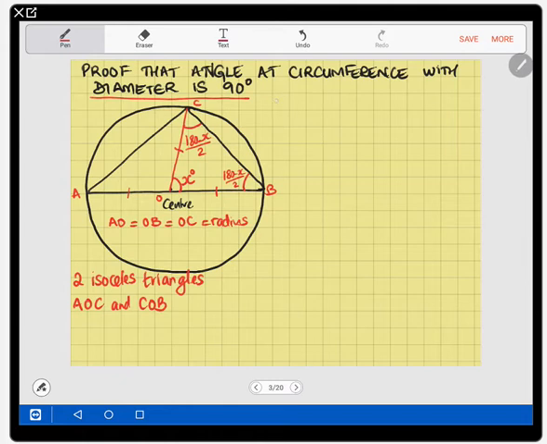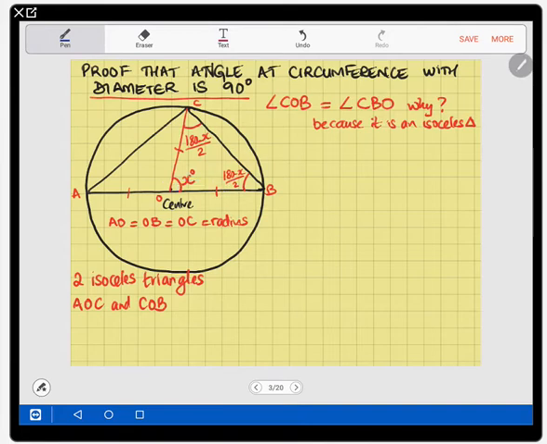So angle COB has to be equal to angle CBO. Why? Because it is an isosceles triangle. Very simply, that's the reason. Now, let's move on.